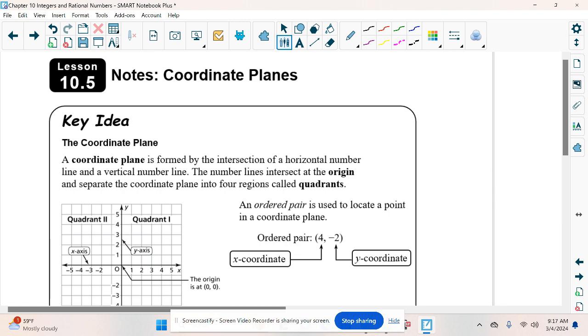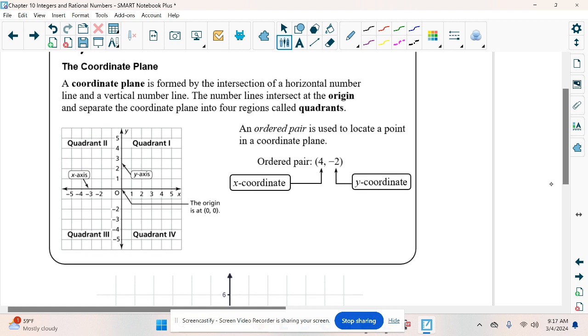Okay? So there's lots of parts of the coordinate plane here and they give it an example right here. But we're going to also draw it out on the coordinate plane below because that's why you have your highlighters. And these parts that we're about to label, you're going to be responsible for memorizing and learning.